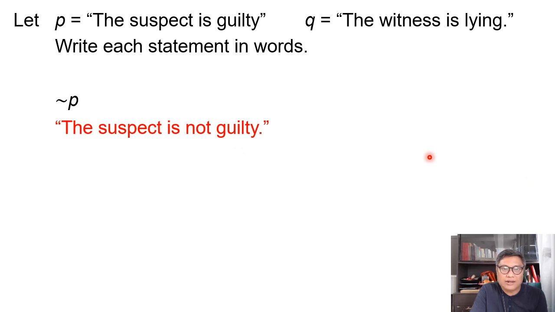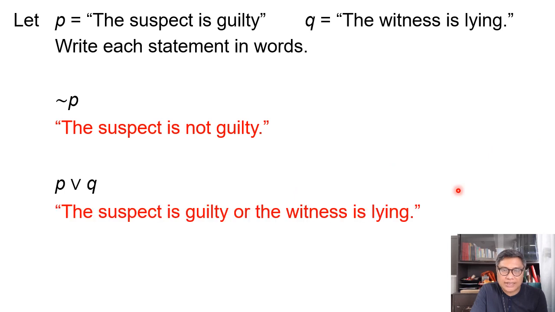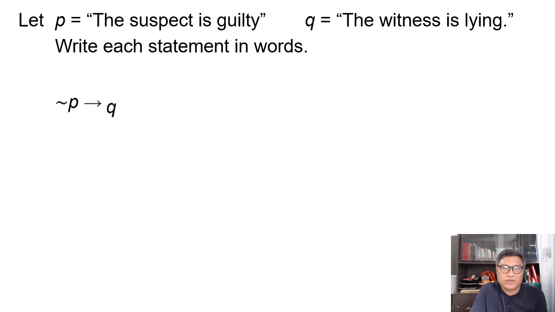Another one: we have P or Q, this is your disjunction. You can just say "the suspect is guilty or the witness is lying." Now this one here, you have not P, then your arrow to the right.